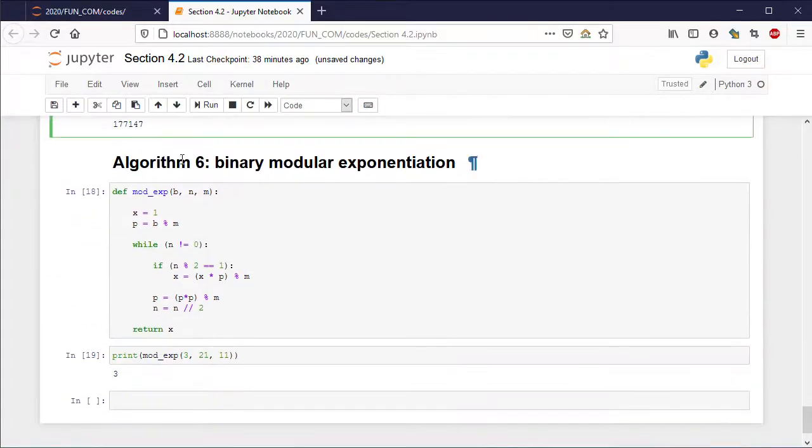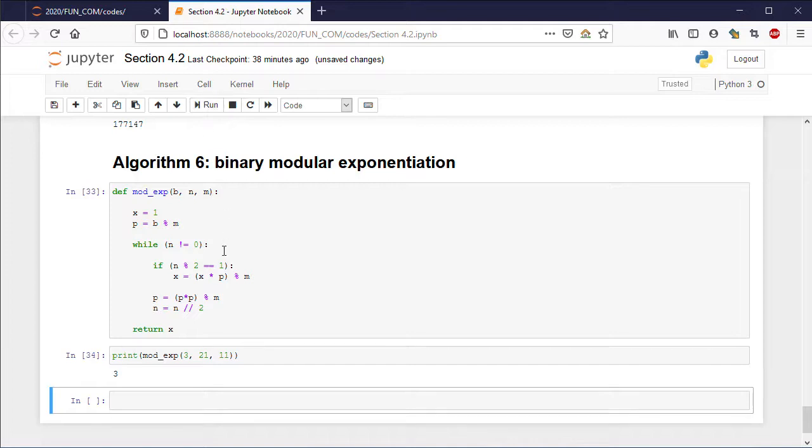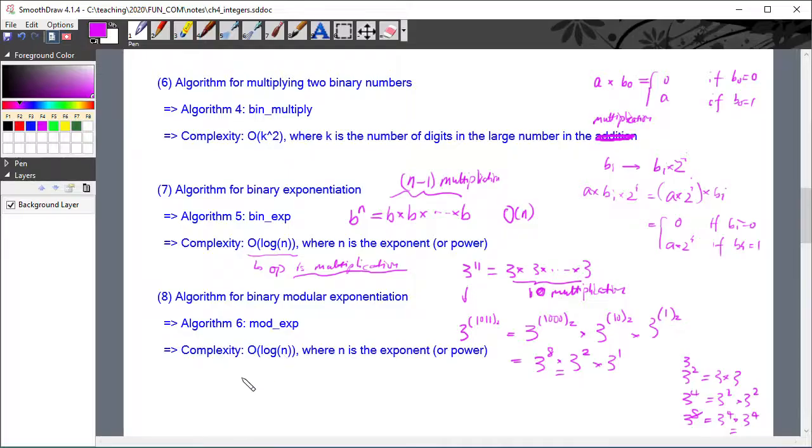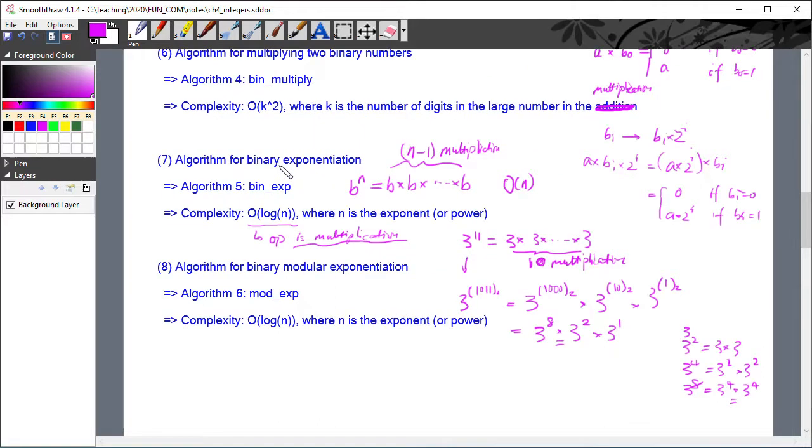And in the lecture slides, you are going to find binary modular exponentiation. Right? It's very simple, very similar to this binary exponentiation. The difference is that now we want to calculate b to the power of n modulus m.